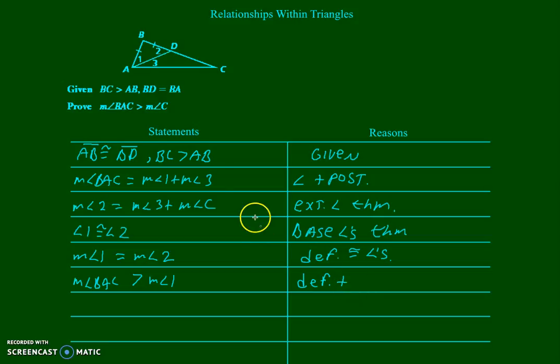And we see here that angle C is less than angle 2, but since angle 1 equals angle 2, we can replace the angle 2 here with angle 1. So let's use substitution there and say that the measure of angle 1 equals the measure of angle 3 plus the measure of angle C. And this is substitution.